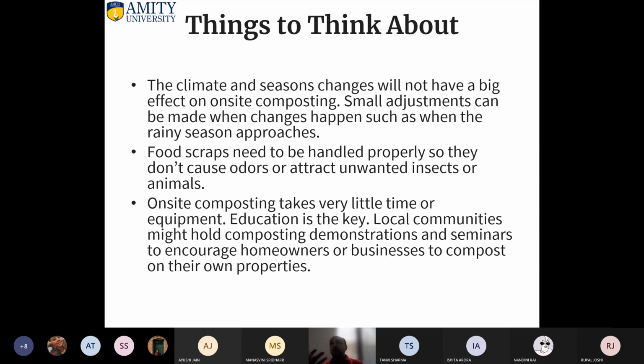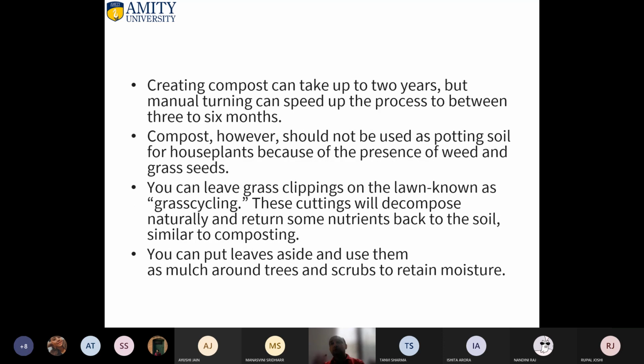So we need to see that the worms are alive, they are eating food, what their perception of the food being fed to them is, and the rest is that they need a moist place in order to grow. The rest they will do by themselves, and the compost would be readily available in a very little amount of time. That is more important. So that is why vermicompost is a good option over the compost process.